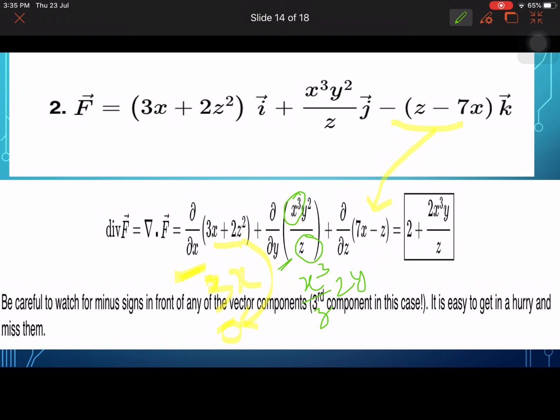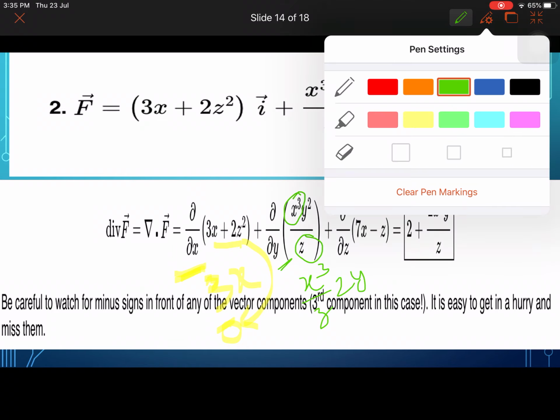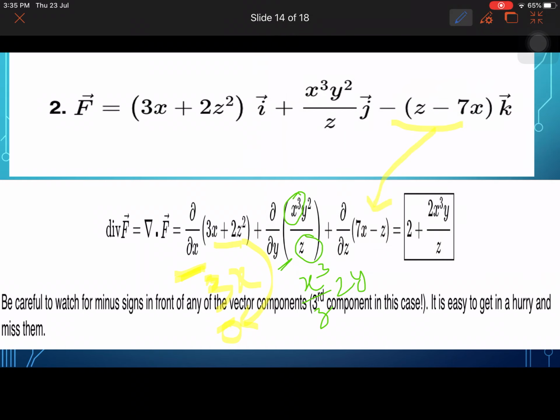Then let us move on to this one. Dou by dou z of 7x is 0, dou by dou z of minus z equals minus 1.